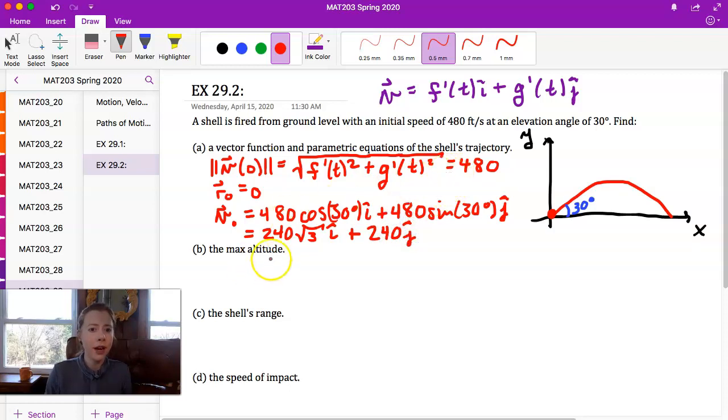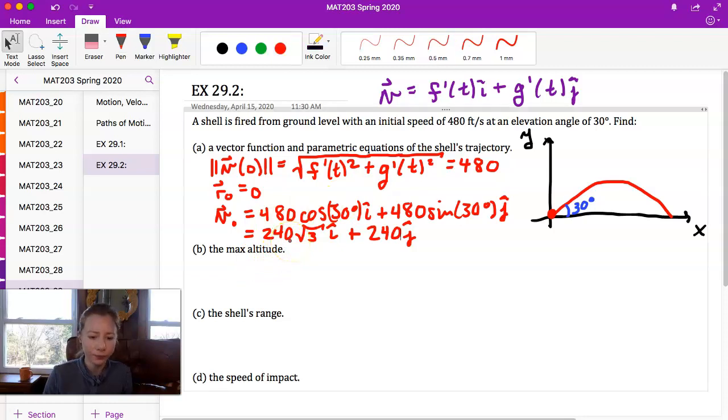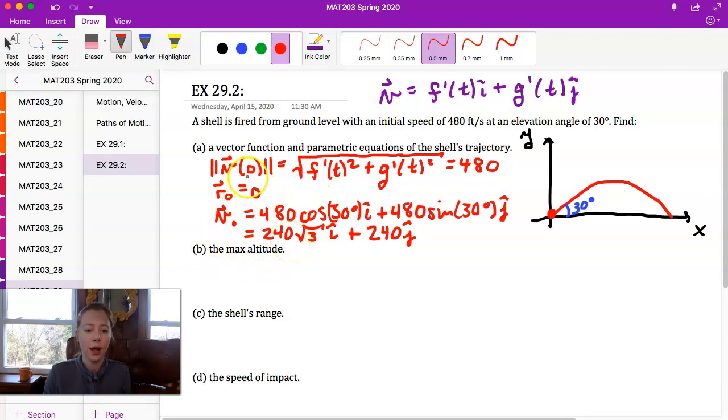And from there, we can continue on, and we know actually the acceleration. So here we're dealing with feet per second, so we're dealing with English units. And the thing is, acceleration is going to be acting on the shell just downward. It's going to be the acceleration due to gravity.